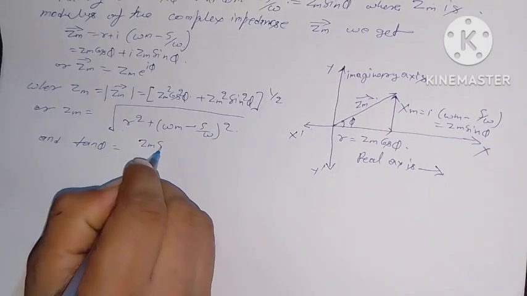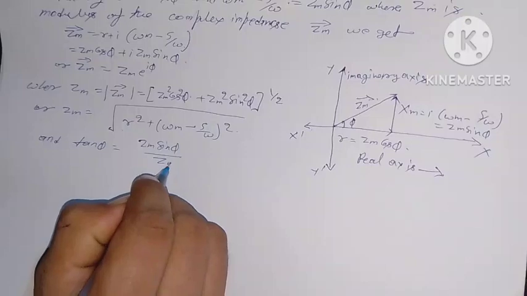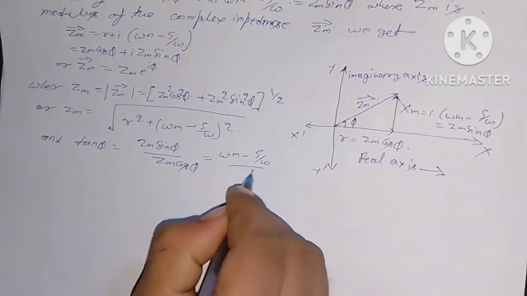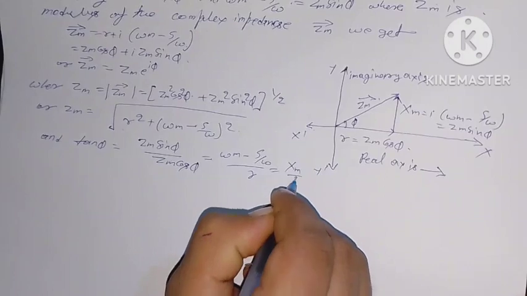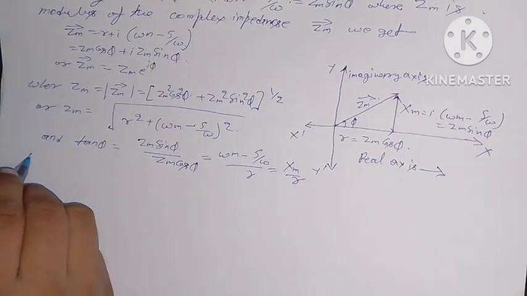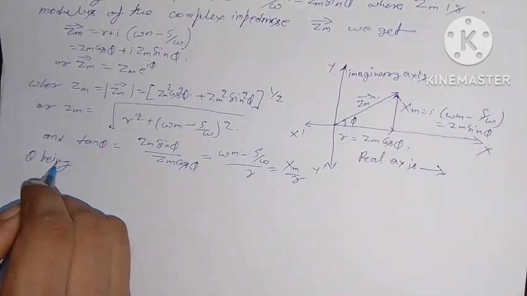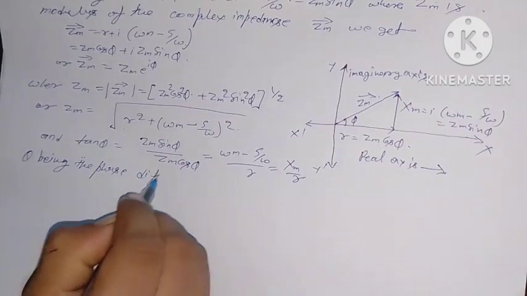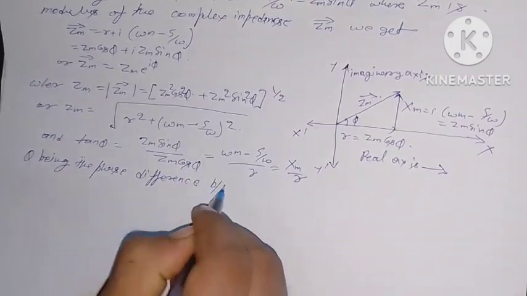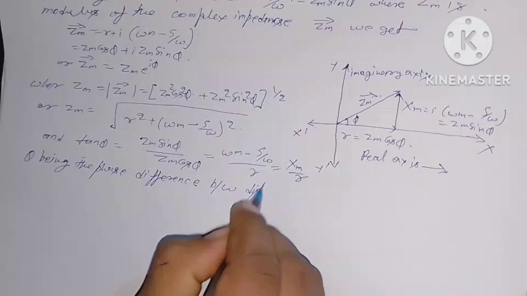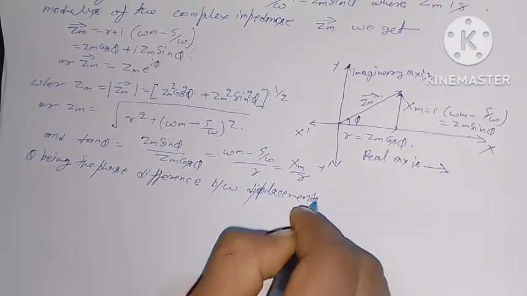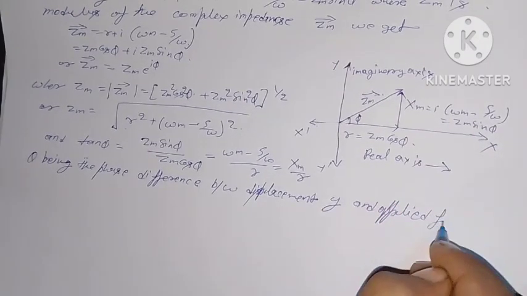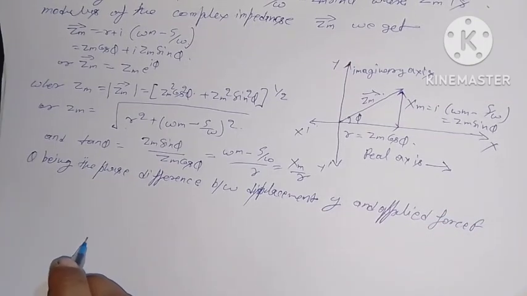Then tan phi equals Zm sin phi upon Zm cos phi, equal to omega m minus s by omega upon r, that is Xm by r, phi being the phase difference between displacement y and applied force F.